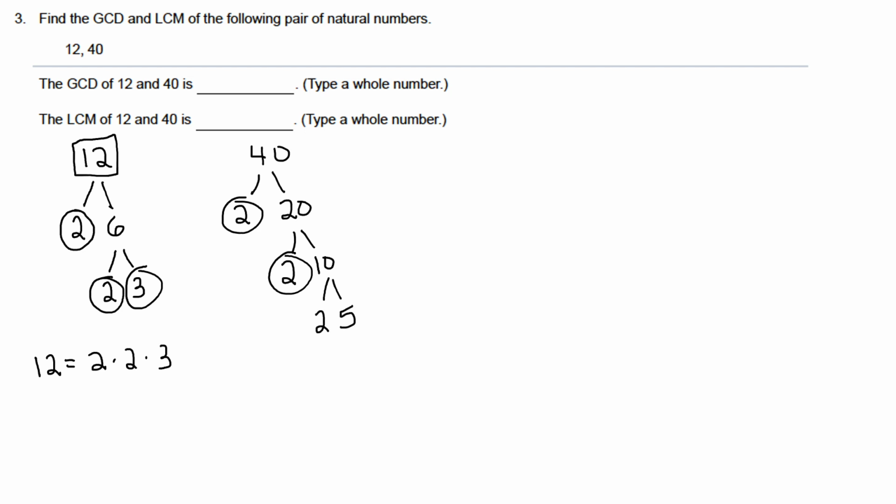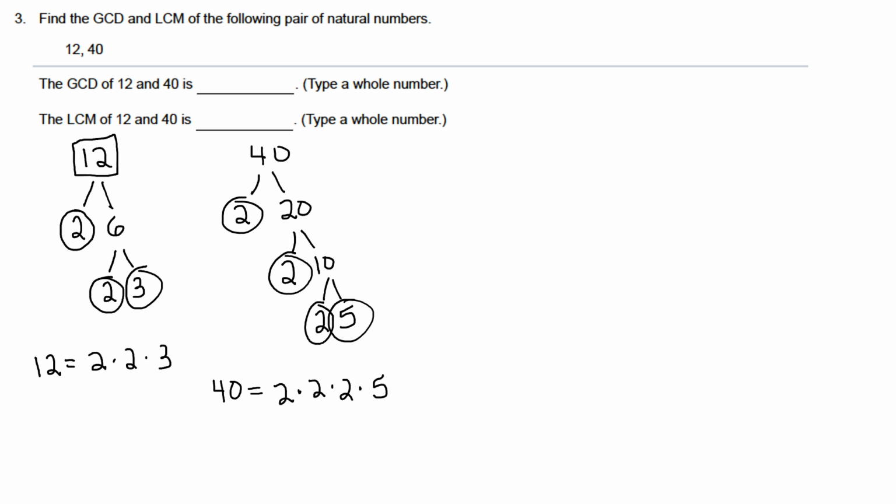And then we can go ahead and circle the 2, and we can also circle the 5 since that's a prime number. Now I have the set of prime numbers for 40. 40 is equal to 2 times 2 times 2 times 5.